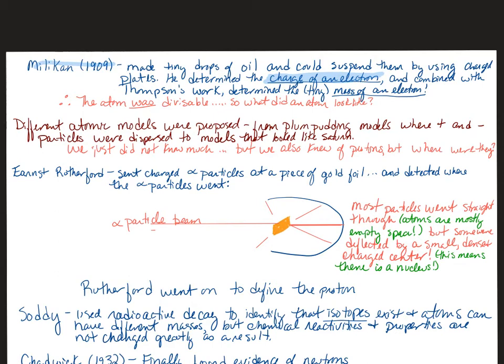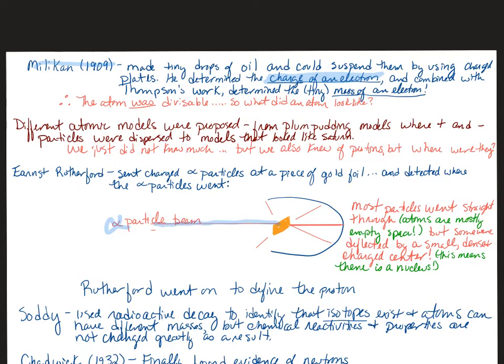And along came my favorite experiment, and that is that of Ernest Rutherford. What he did is he took alpha particles right here. These are tiny, tiny particles, sort of like what a nucleus would look like. And he started shooting those particles at a piece of gold foil.